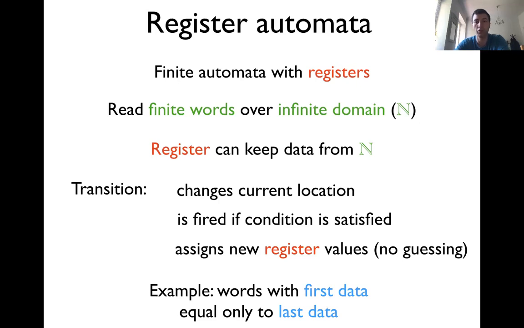At the beginning, the automaton guesses the last data value, stores it in the register, goes through the word while checking that other data values are different from the guessed data value, and at the end of the word checks that the guessed data value indeed equals the last data value. And this, as far as I know, cannot be done without guessing. Okay, so this is our model of register automaton.